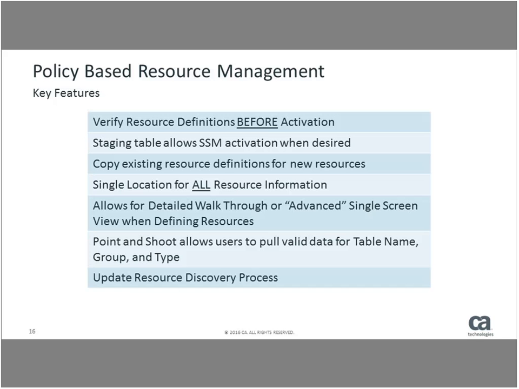If you click on the table name, it'll pop up and give you a list of all 4 table names that you have defined to SSM. You can select it, and now that gets filled in for you. The same with group, which I'll get into later, is a new feature of this, and the type field. So all these things will allow you to pull in existing information so you don't have to bounce out of the screen and go find the information. It's all available for you.